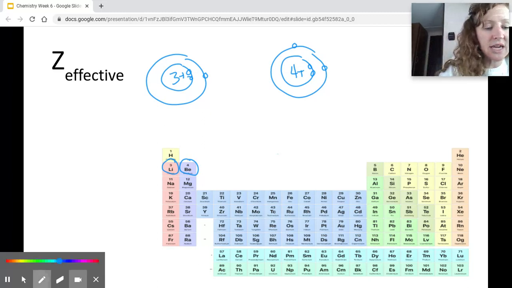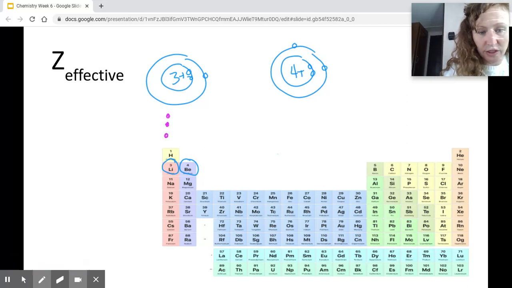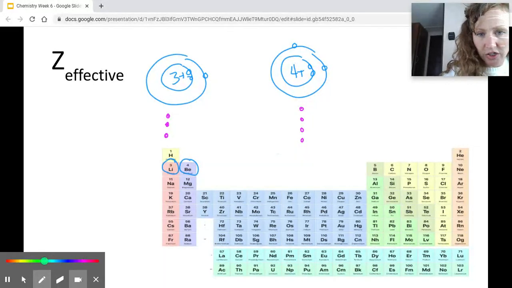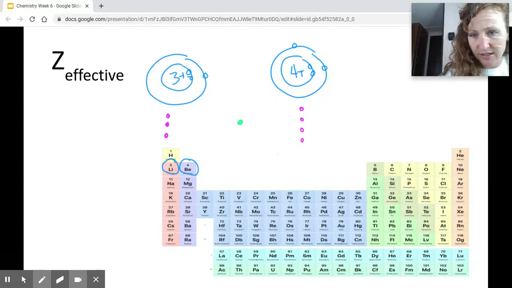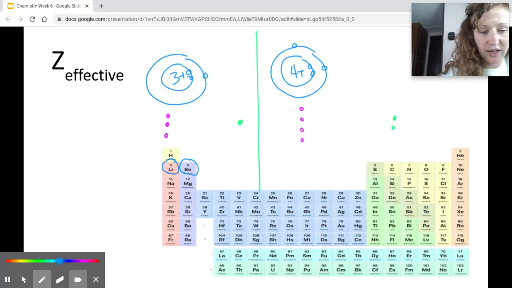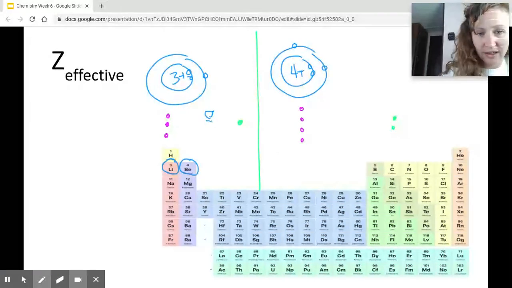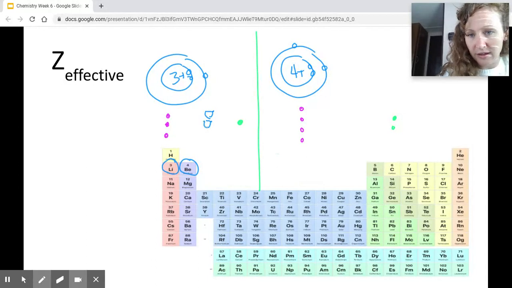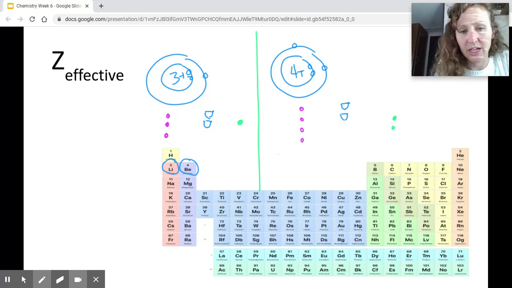So if we look at this, again, in terms of our effective nuclear charge, so what charge does the valence electron feel from the nucleus? Okay, and then our core electrons are going to kind of shield or block the nuclear charge from the valence electrons.